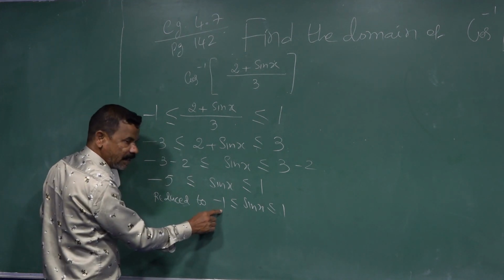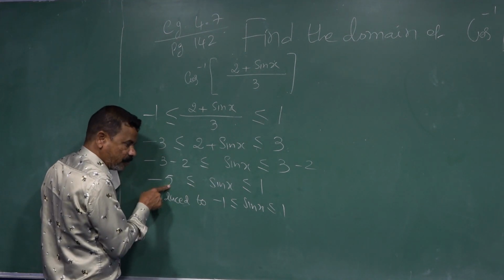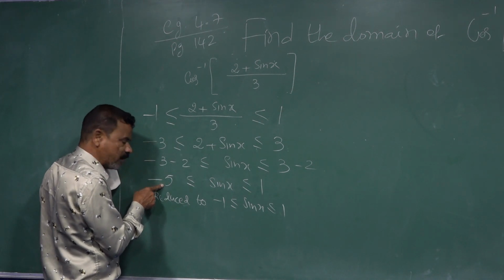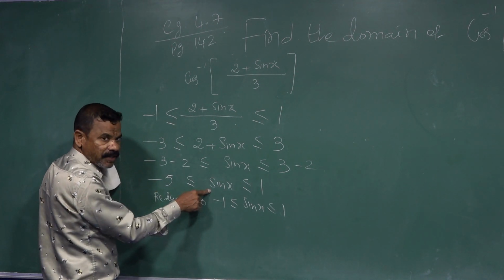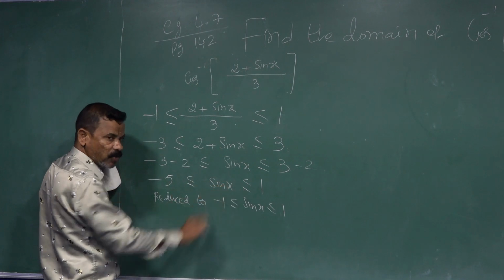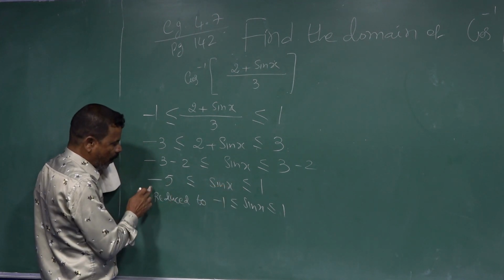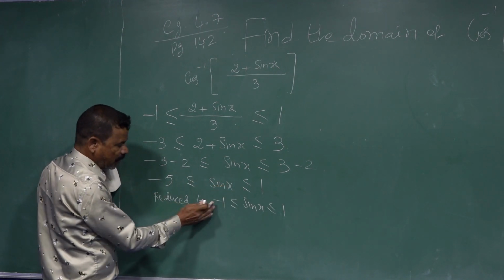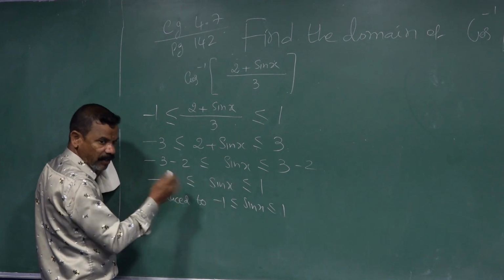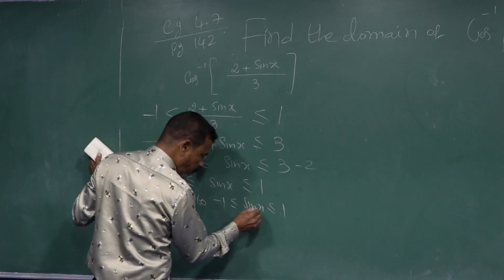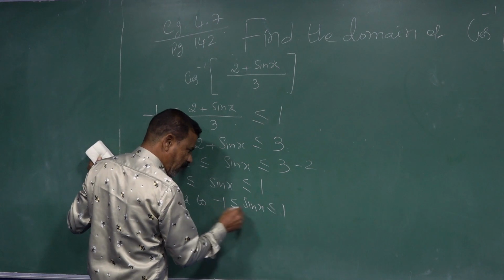This is the correct one. Minus 5 came, but minus 5 is not satisfied by sin x. It lies between only minus 1 to plus 1. So we reduced minus 5 and all values below minus 1. Now sin x lies between minus 1 to 1.